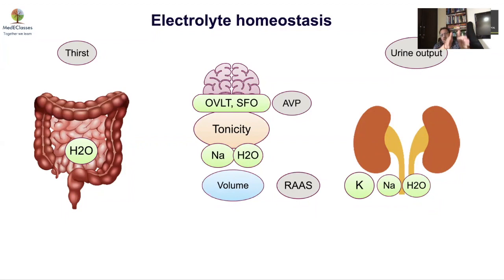So hypovolemia will trigger the RAAS system, will cause retention of sodium and loss of potassium, causing, so to speak, hypernatremia and hypokalemia. Now, if you have a defect anywhere in the renin, angiotensin, aldosterone system, you will have hyponatremia and hyperkalemia, which will be observed in this setting.